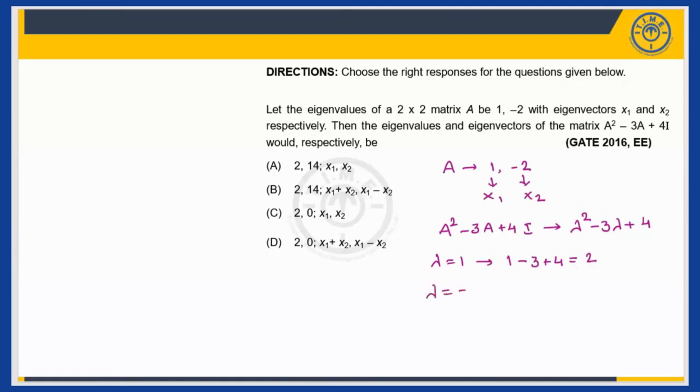And for lambda equal to negative 2, it is 4 plus 6 plus 4, that is 14. Now we know that the eigenvalues of A and A power m, A to the power km, kA, A inverse, adjoint A, their eigenvectors are the same. No matter what operations you perform, the eigenvalues will differ, but the eigenvectors are always the same. So option A is the right one.